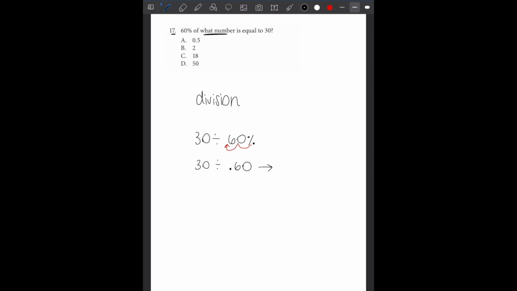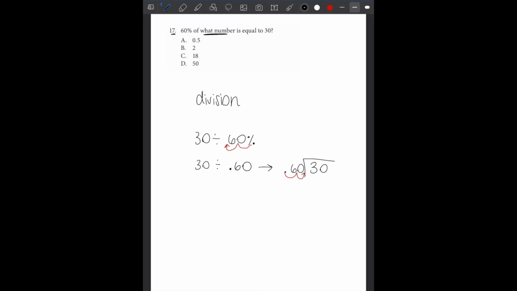And again, this is going to turn into this. So with this decimal out here, it's going to move 2 units to the right. 1, 2. Whatever you do on the outside, you have to do to the inside.